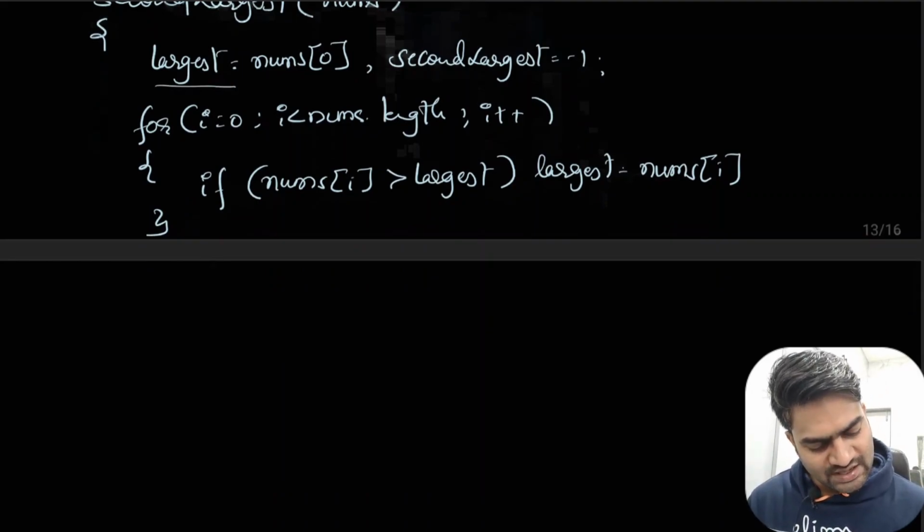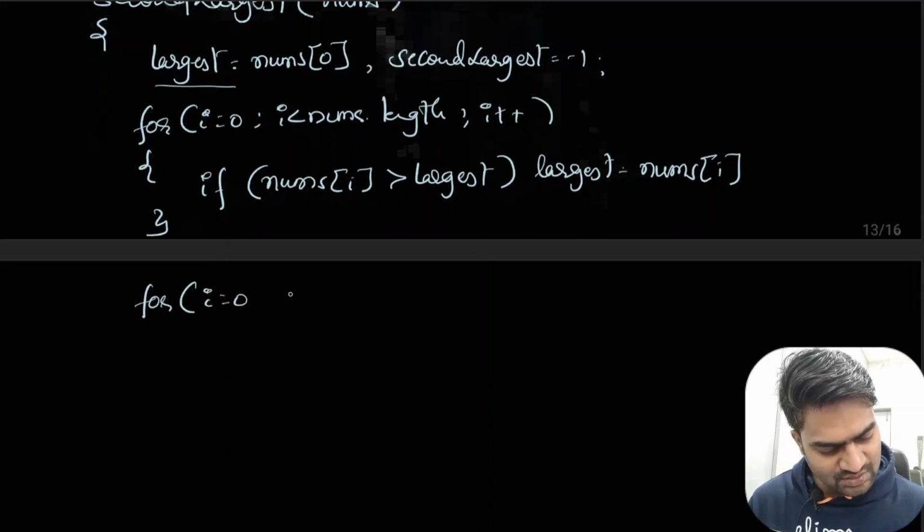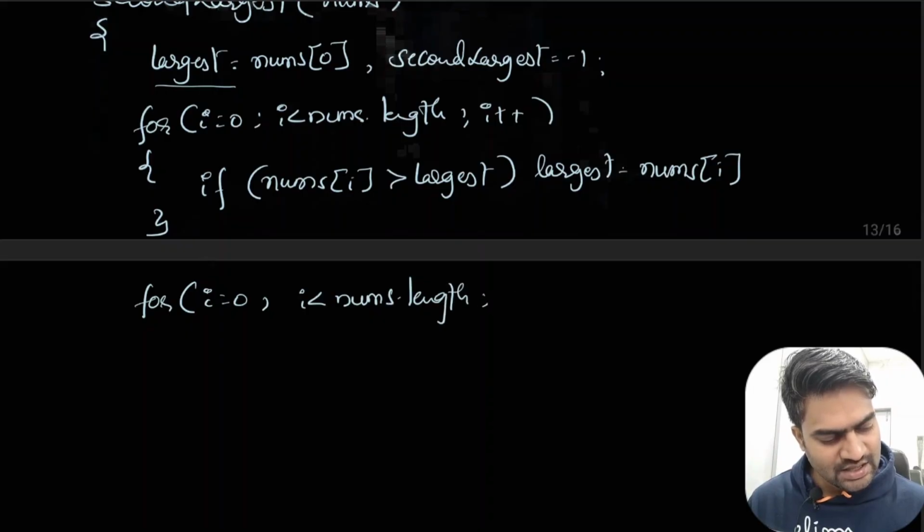Now I will use one more for loop for i equal to 0, i less than nums dot length, i plus plus.